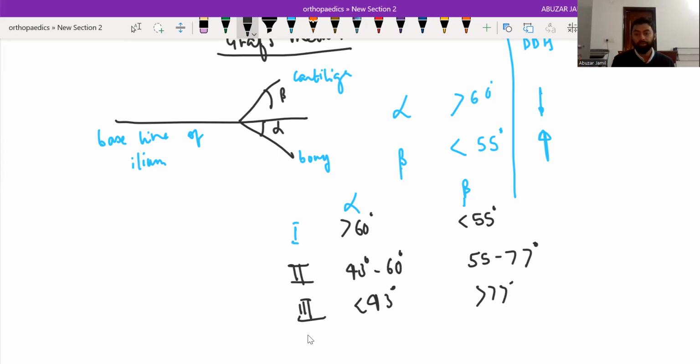And in a frankly dislocated hip, they both can't be measured. So this we will see in a USG picture later in this video.